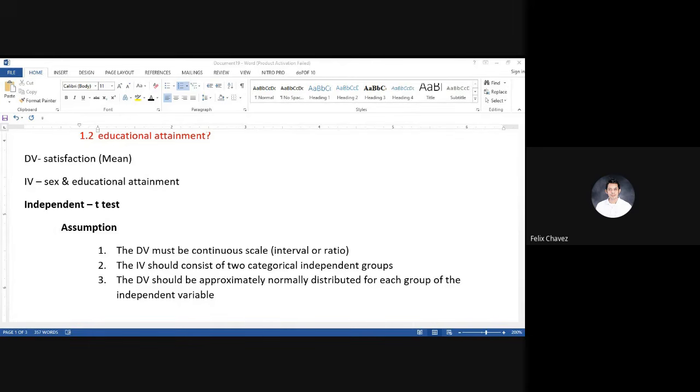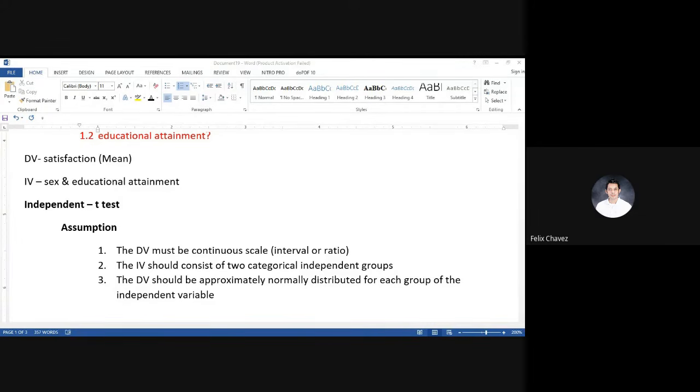The assumption number two, your independent variable should consist of two categorical independent groups. Two groups. Like for example, gender or sex, we have two groups, male or female. There are a lot of groupings. For example, if you want to compare employment status, employed or unemployed.